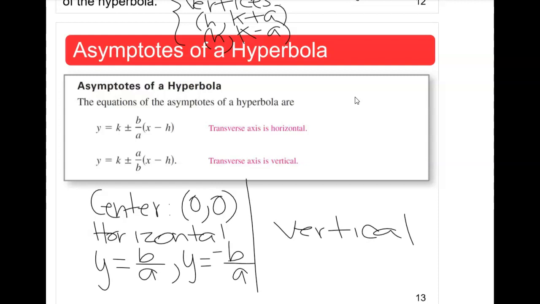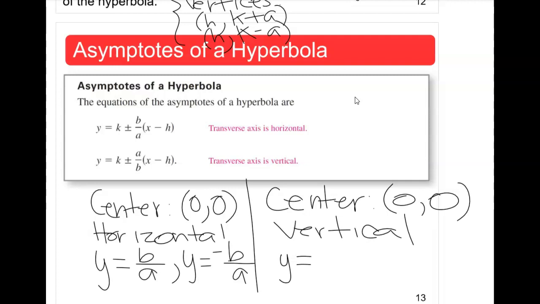That's it. If it was a vertical hyperbola with the center at 0, 0 as well, then to find the equation of those lines, it will be a over b, positive, and also negative a over b. That's the ideal case, but of course that doesn't happen all the time.